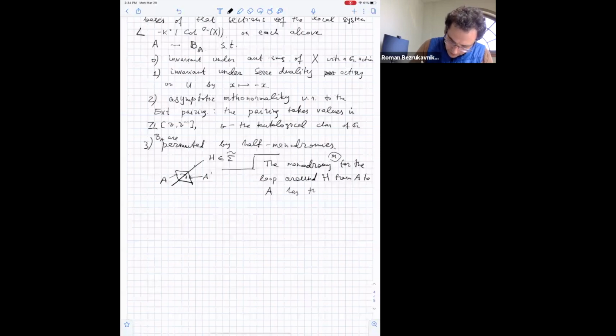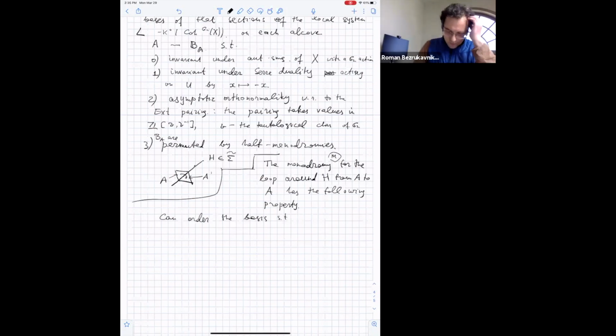I claim that it has the following property: if I order my bases in an appropriate way, so that M in this basis is block upper triangular with powers of Q, with maybe plus minus powers of V on the diagonal.